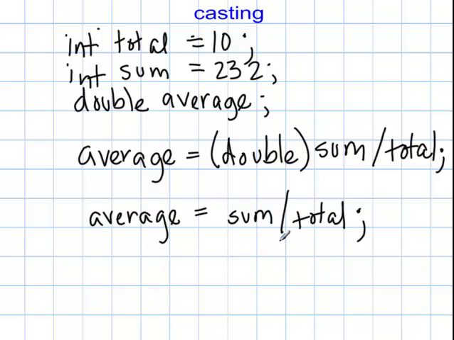Whatever the result of this, which is an integer, is assigned to average. So you might think that this would have 23.0 in your brain, but it's definitely not 23.2. So we do not want to make that mistake.